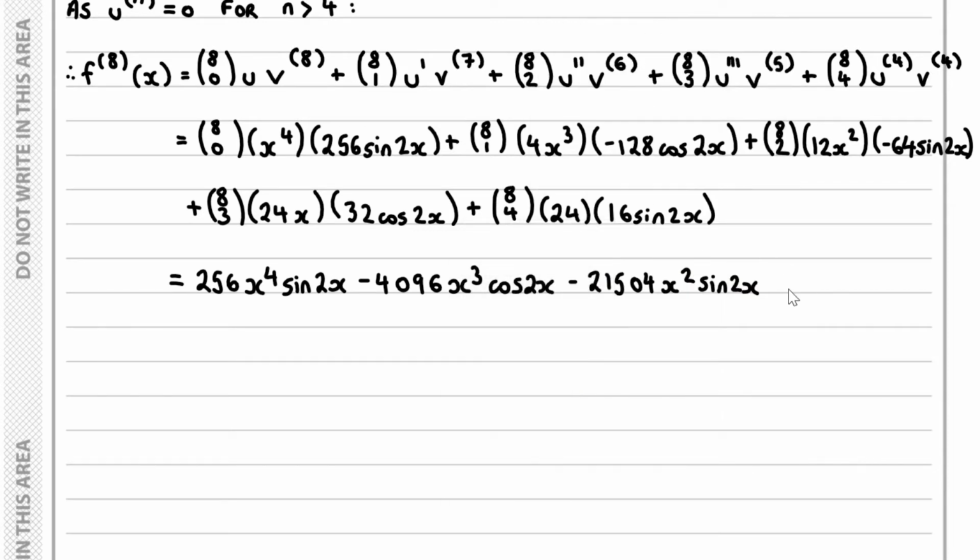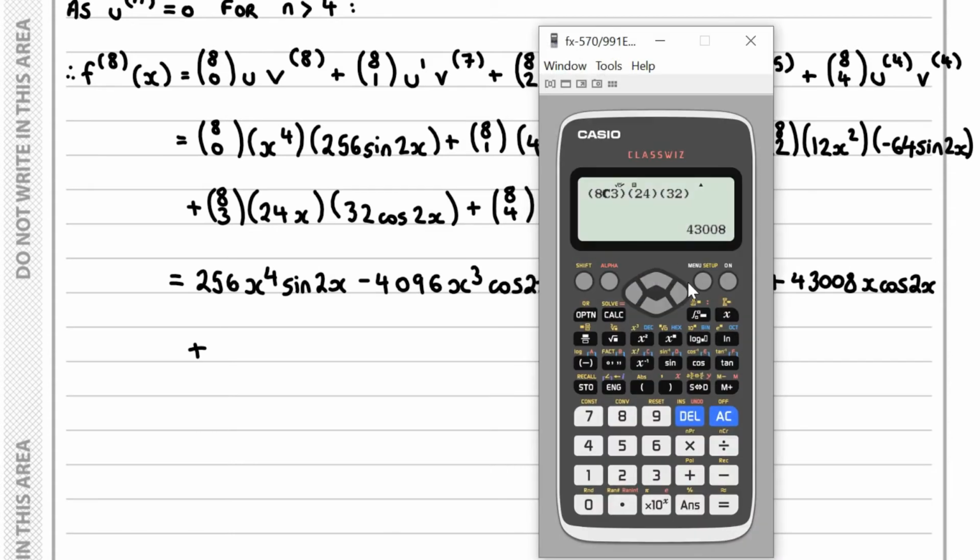So here we get positive 43008x times by the cosine of 2x. And then here we have 8 choose 4 multiplied by 24 multiplied by 16.